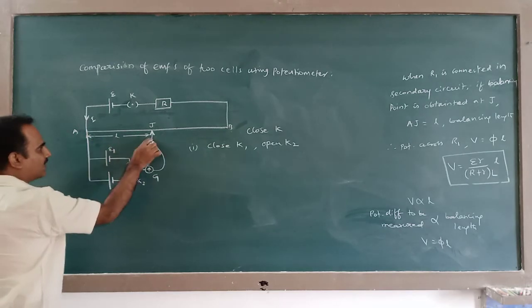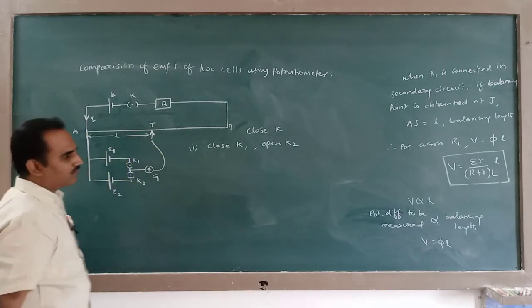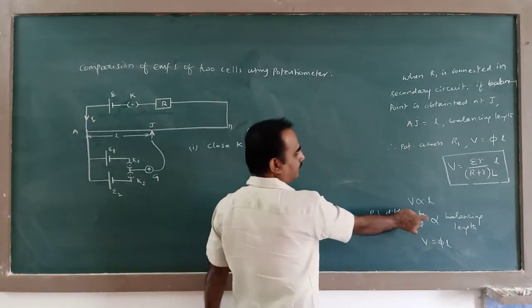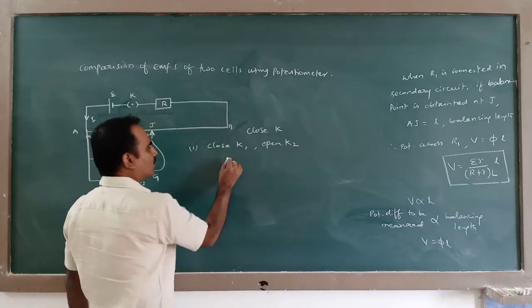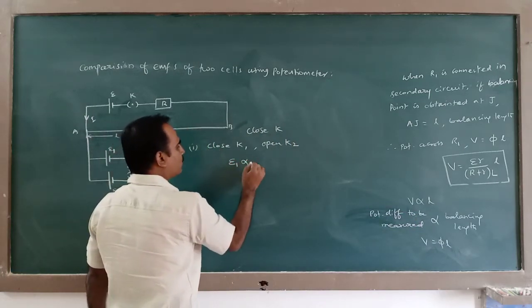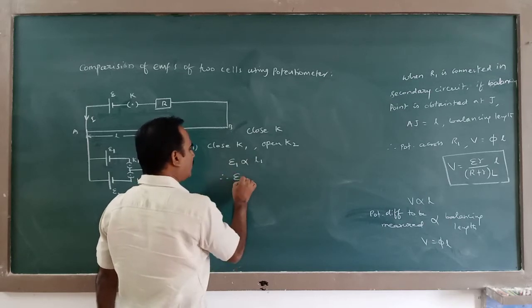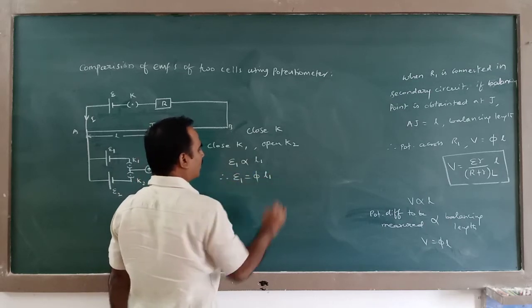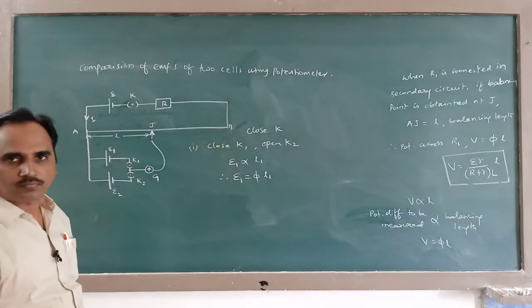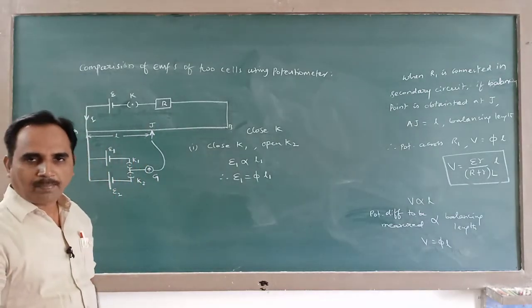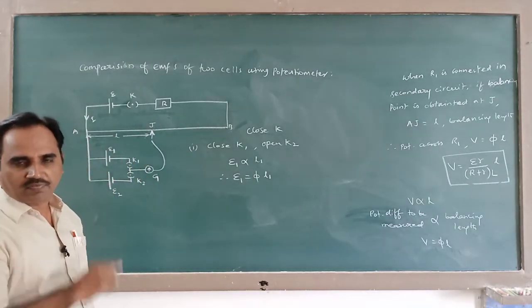This balancing length L1 is proportional to E1 because of this principle. So E1 is proportional to L1. Therefore E1 is equal to phi L1. You get the balancing length corresponding to the EMF of the first cell.